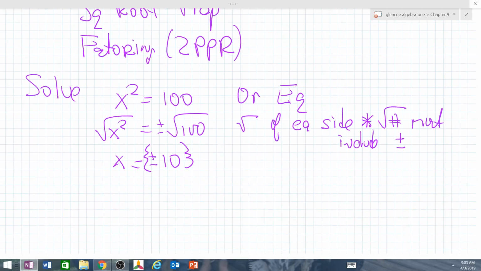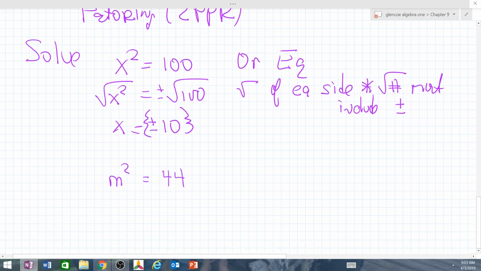Let's try another one. How about m squared equals 44. M squared equals 44. So we're going to take the square root of m squared.